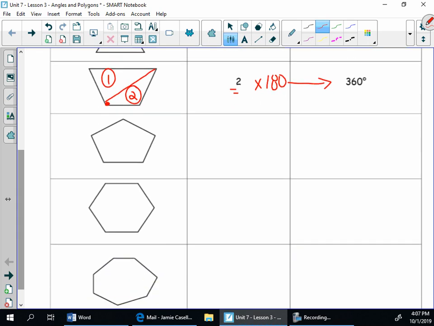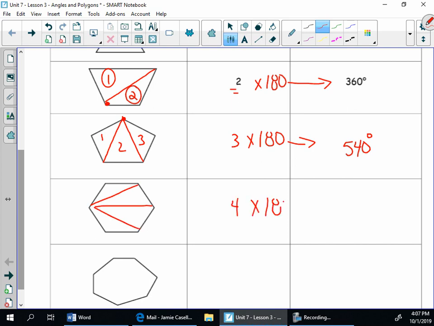If I divide this into a series of triangles, I'll pick one starting point and get one triangle, two triangles, three triangles, and I multiply it by 180 for each of the triangles. So 180 plus 180 plus 180, just faster to multiply it, I can get the sum of the inside of any polygon. So a six-sided figure actually makes four triangles, which is 720.